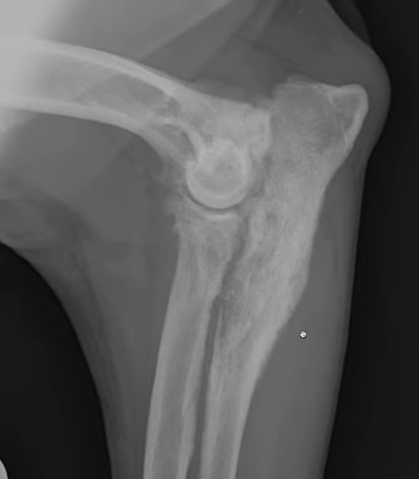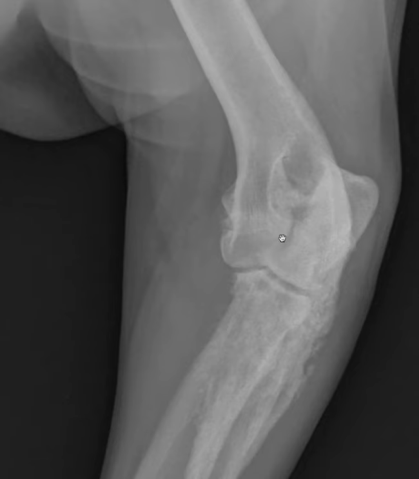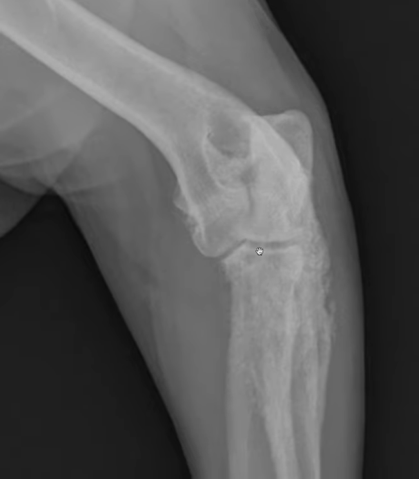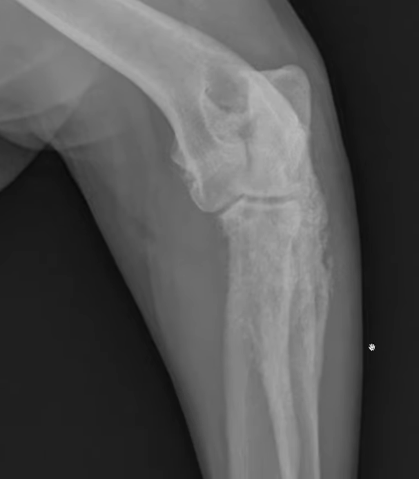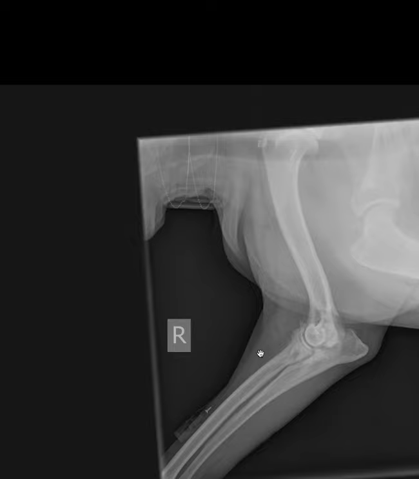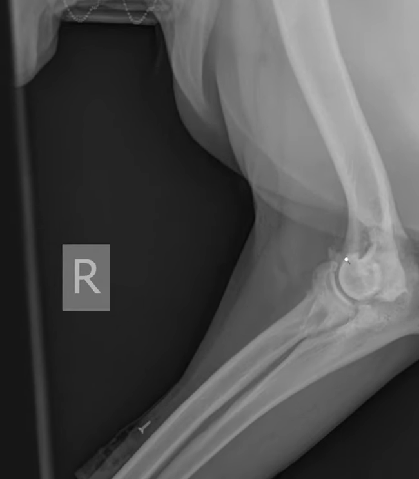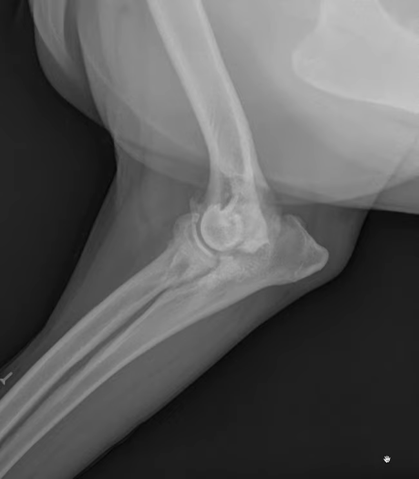The client has provided a lateral radiograph of the affected left elbow, shown here, a craniocaudal radiograph of the affected left elbow, shown here, and they also included a lateral radiograph of the unaffected elbow for comparison.